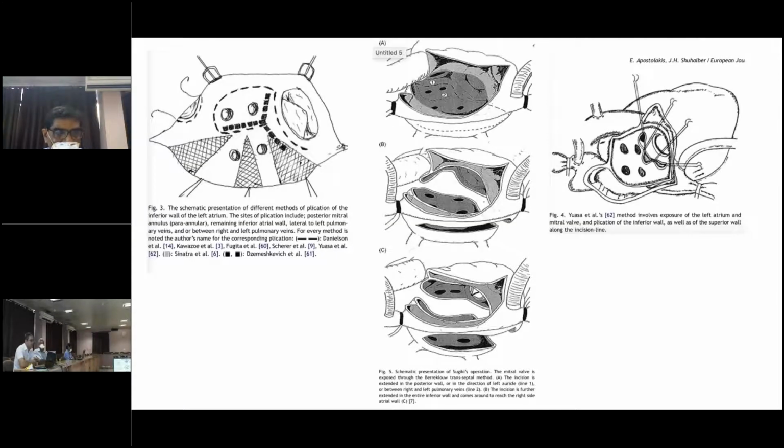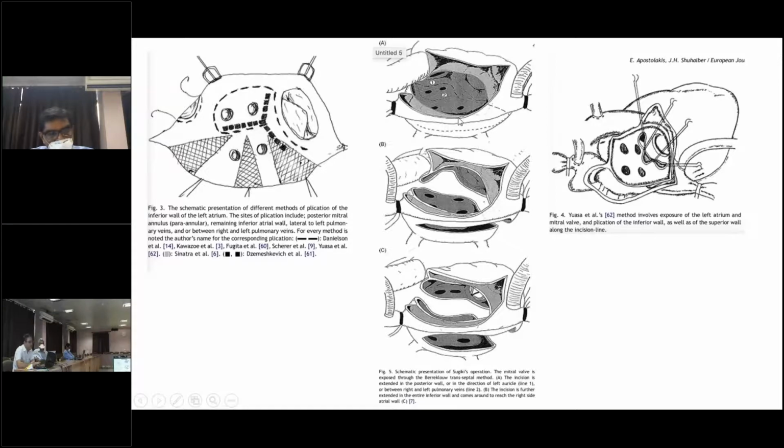These are the methods which have been used in the past to reduce the left atrium by different surgeons, and all these methods go with the name of some of the surgeons. So these are the plication methods which we have just discussed. You do plication wherever there is redundant left atrium. Maybe you cut some pizza pieces of left atrium.